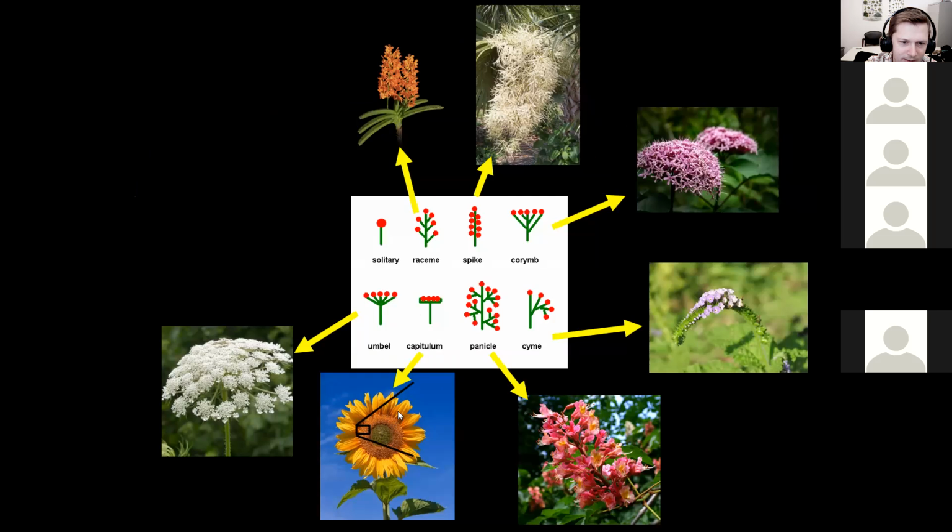And you can get the sunflower. If you zoom in on the sunflower here, you can see all these little florets on it. And a panicle. I think this is a red chestnut or a red buckeye. And then the cyme, I think this is Heliotropium or something like that. This is a pretty uncommon one.